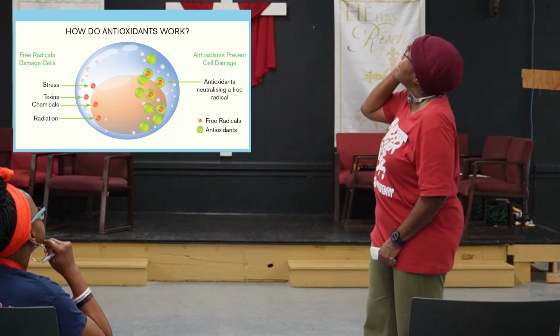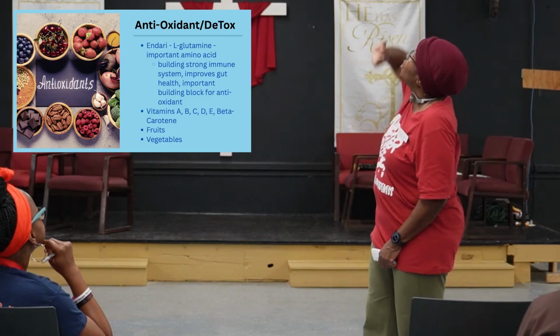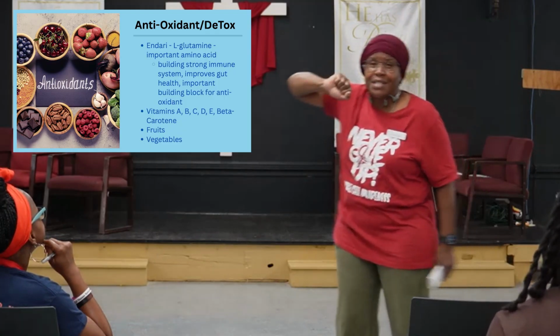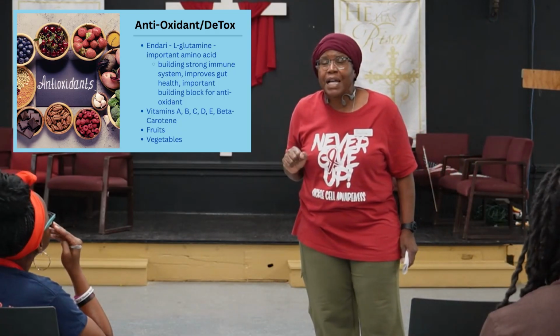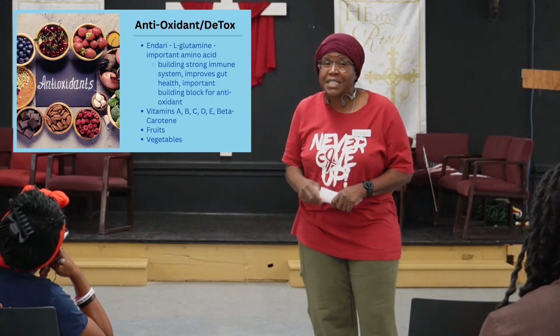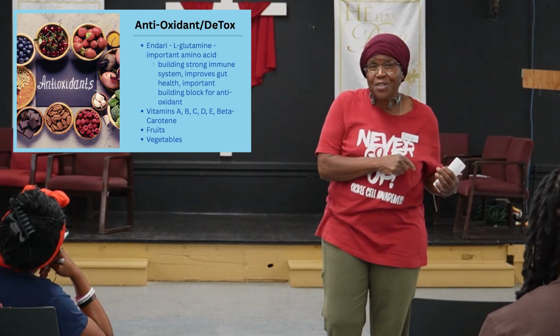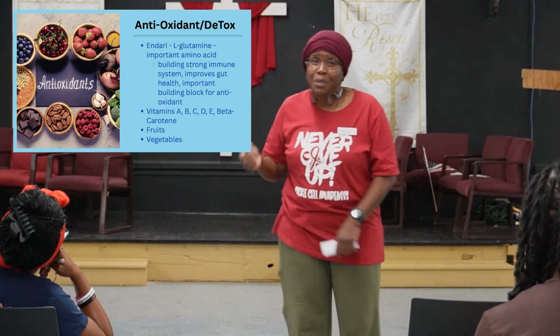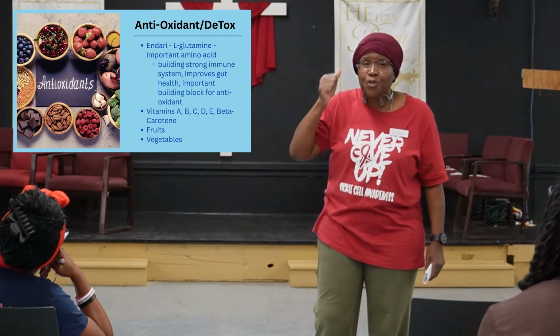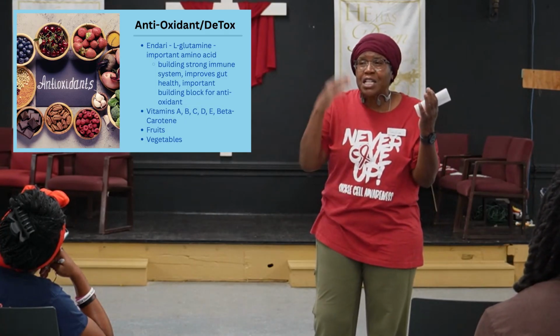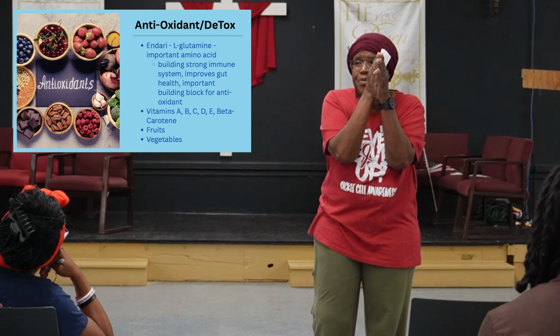Next slide, please. So these are the things that are antioxidants. And you'll find that last week, some of the same things were anti-inflammatory. Because if you get nothing else from this, inflammation and oxidative stress are like partners.